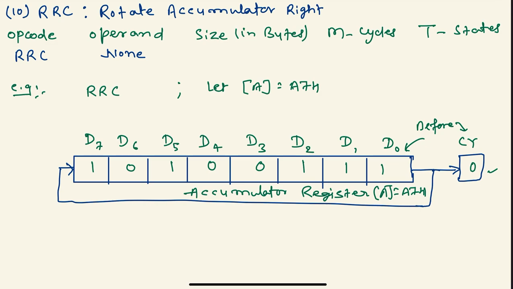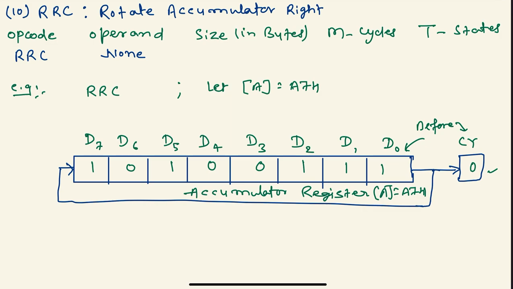D1 data will come to the place of D0, D2 data to D1, D3 data to D2, D4 data to D3. Similarly D5 data will come to D4, D6 data to D5, and D7 data to D6. And at the place of D7, what data will come? The value of D0, which is 1, will come at the place of D7.